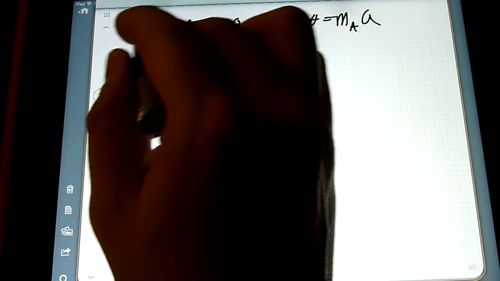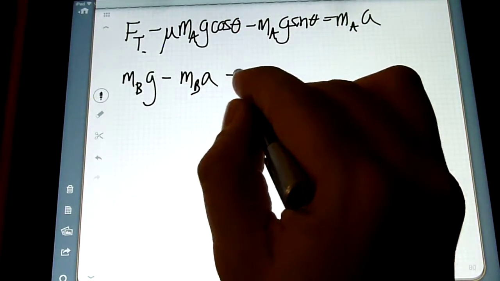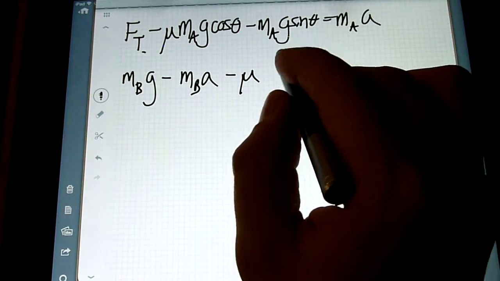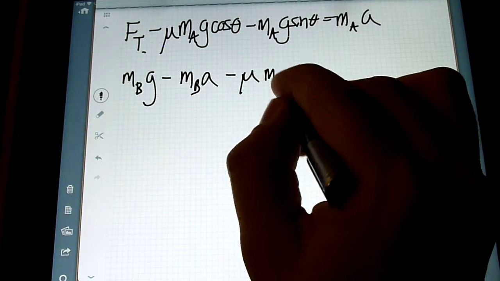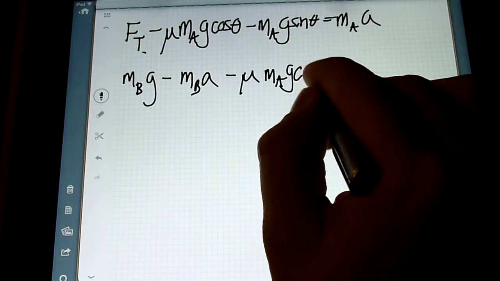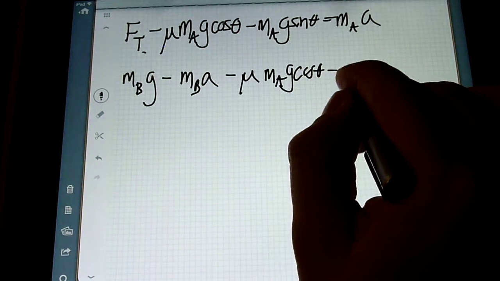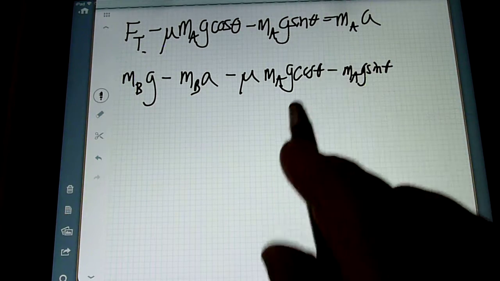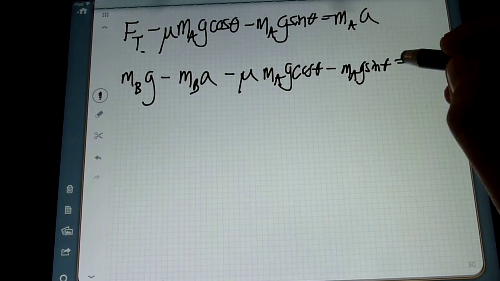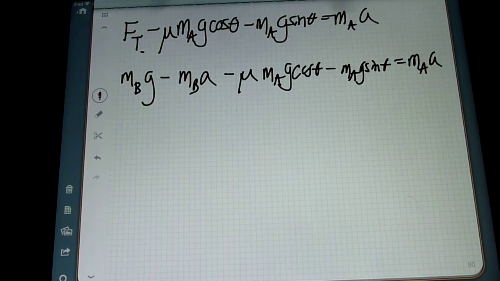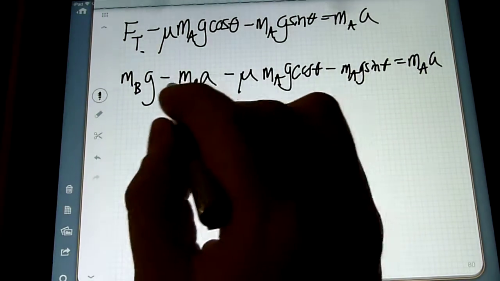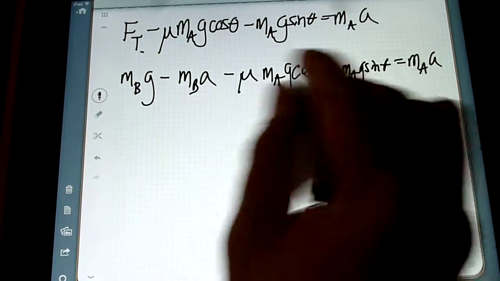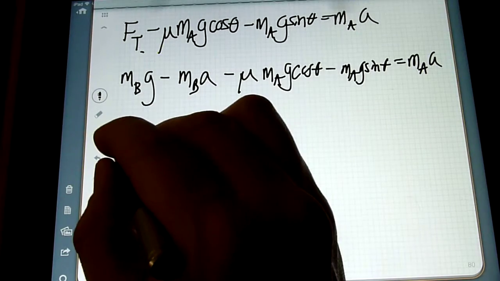That's all for F_T, minus mu times the mass of block A times g times cosine theta minus the mass of block A times g times sine of theta is going to equal the mass of block A times the acceleration. I'm solving for a, so we'll move this to the other side, and I'm going to pull these things apart and simplify it a little bit.